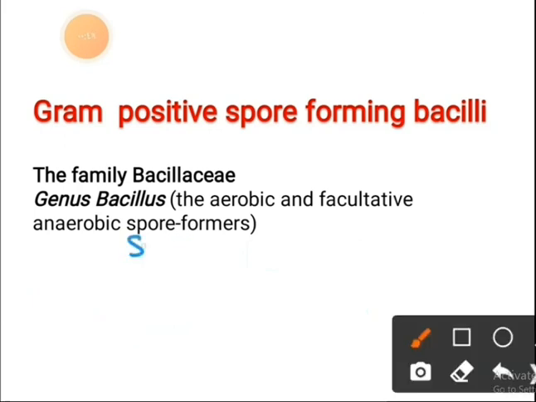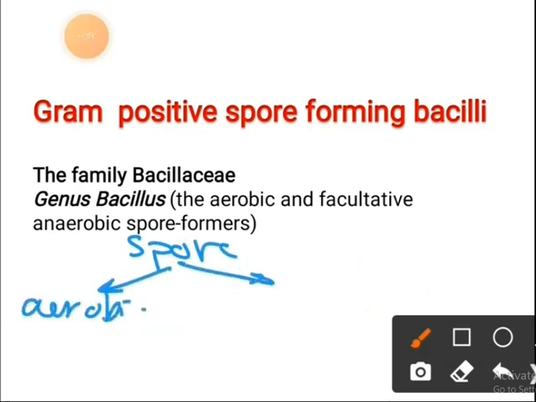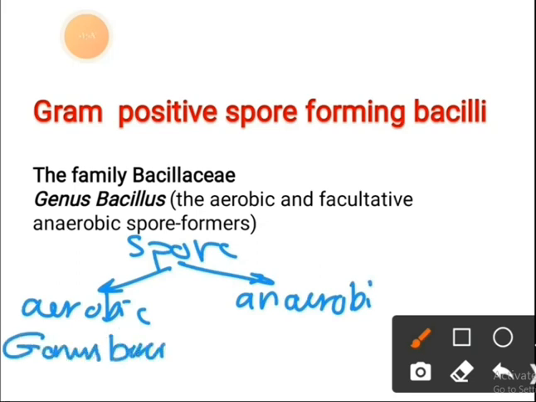The spore-forming gram-positive bacilli are further classified into aerobic, which means they need oxygen for their growth, and anaerobic gram-positive bacilli. The aerobic gram-positive bacilli include the genus Bacillus, while the anaerobic include the genus Clostridium.